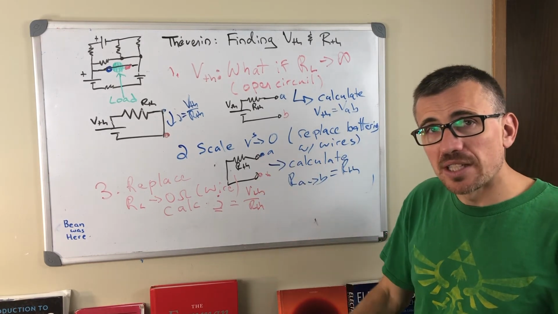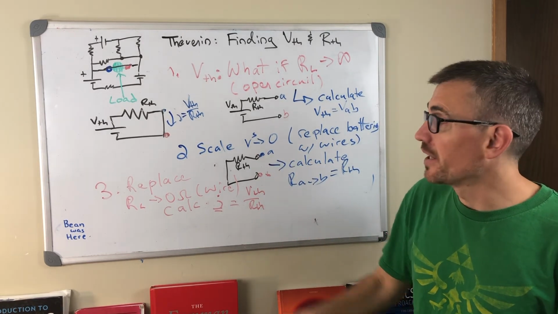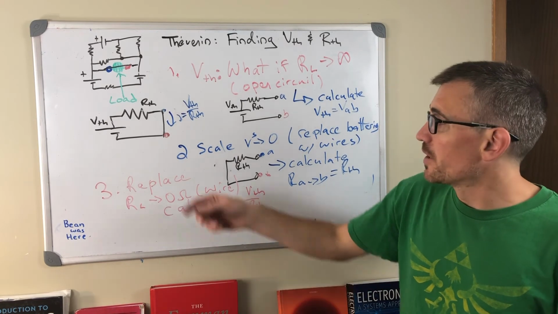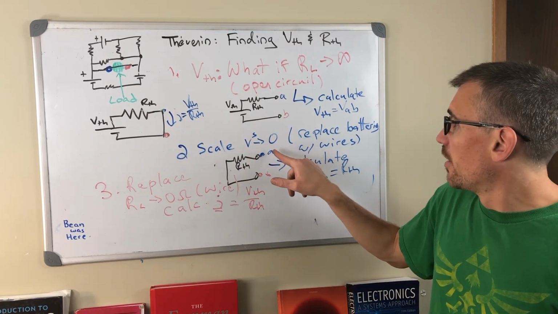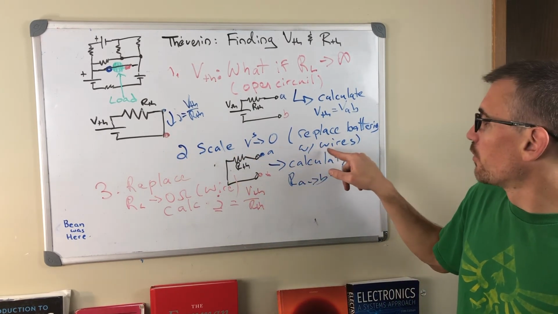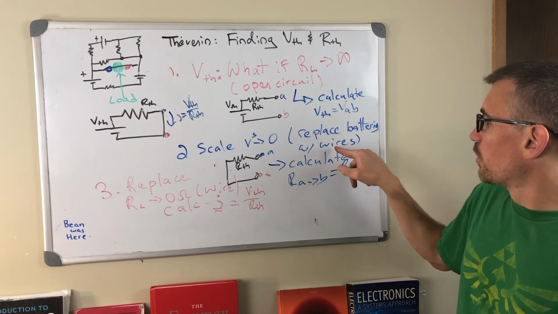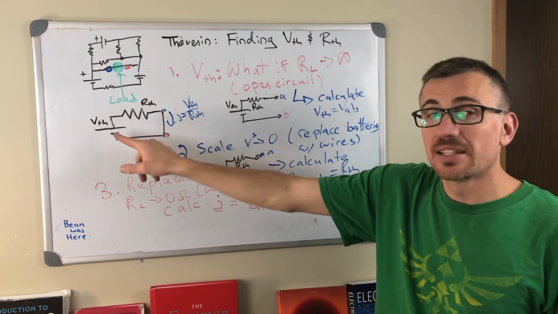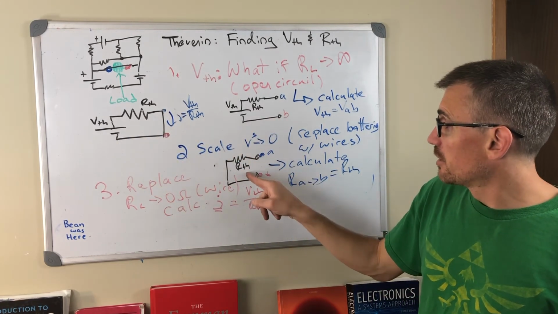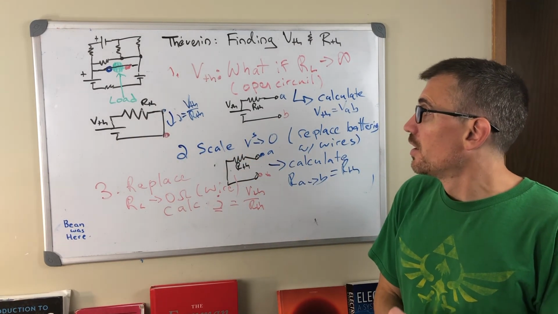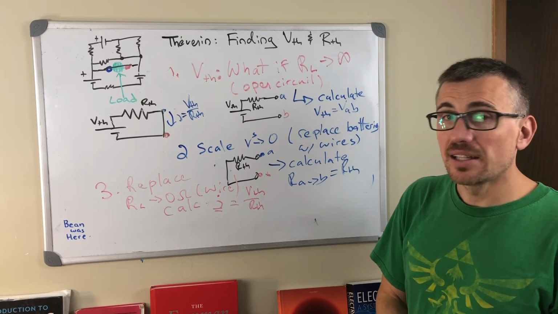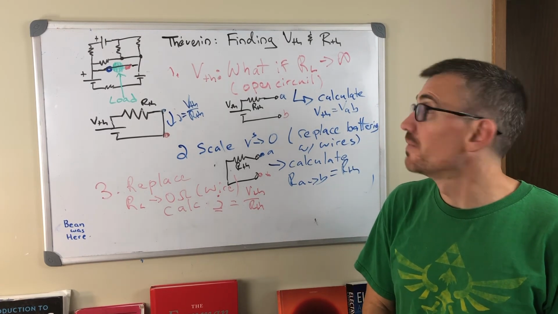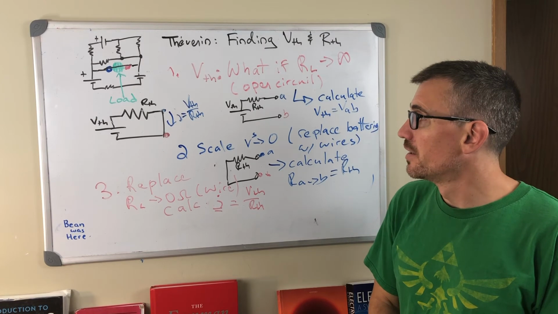Scale all the voltages down to 0 and exploit linearity to note that the circuits are going to be unchanged. In other words, replace the batteries with wires and calculate the Thevenin resistance in that case, because your circuit is simply this then. Okay, that is how to calculate V-Thevenin and R-Thevenin.